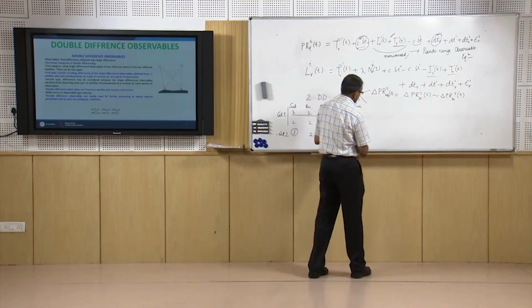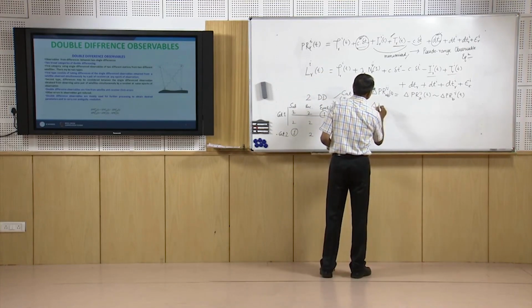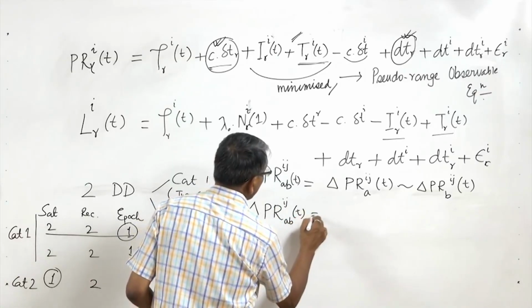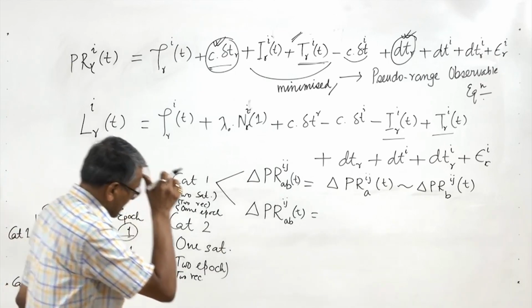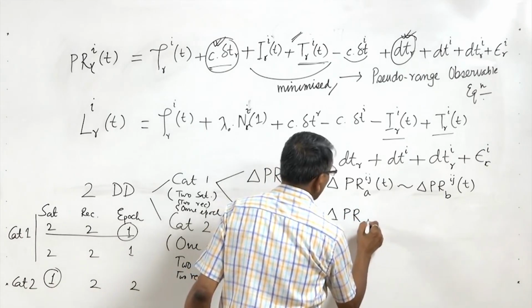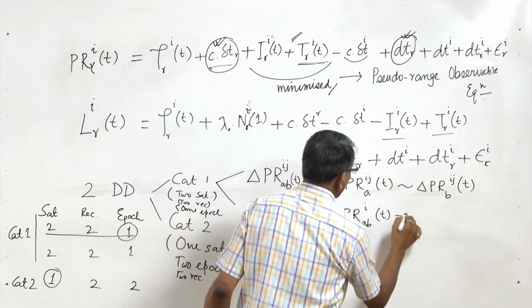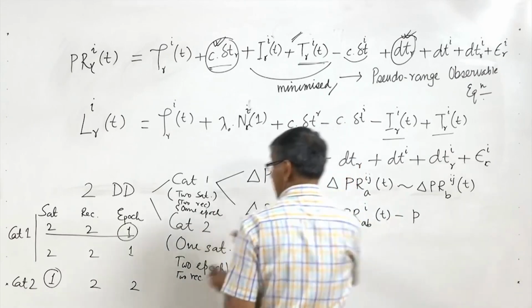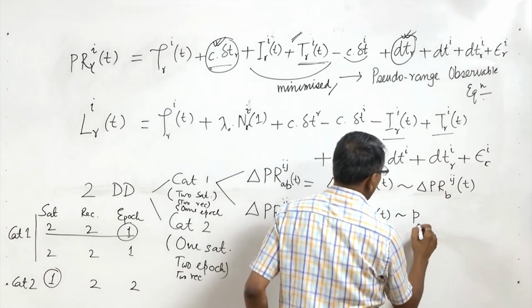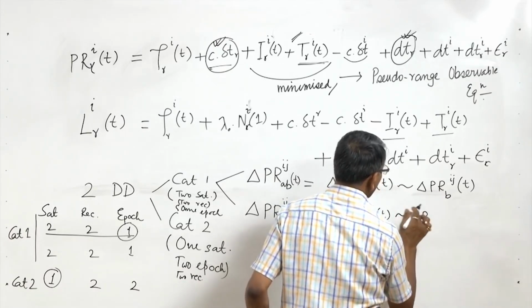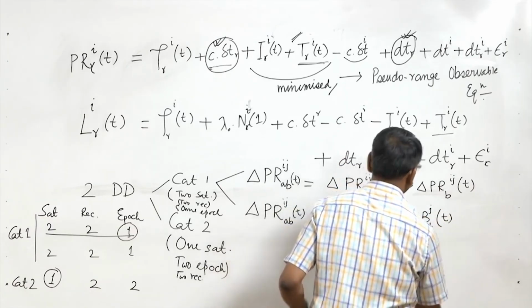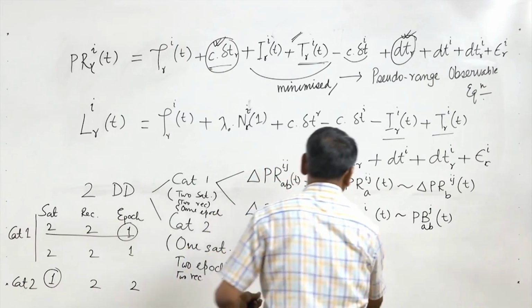Now another variety is also written as pseudo range IJ AB, but here the single difference will be different, PR AB I minus PB. So what is this?